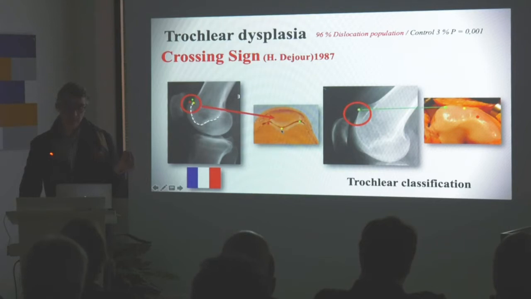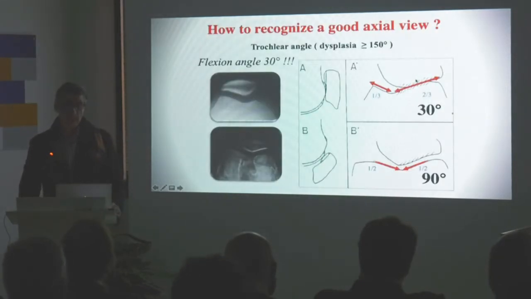If you have trochlear dysplasia, this is a type D, the high-grade trochlear dysplasia. This is the lateral facet, you see. Then you have the groove, and then you have the medial facet. The double contour is a hypoplastic medial facet. So this is exactly what a trochlear dysplasia is. So always look at those 3 points, and you will be able to understand more the trochlear dysplasia.